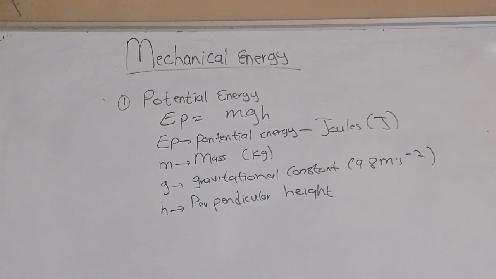So you are already given the g. In that formula, you can be asked to calculate EP or mass or the h, but you won't be asked to calculate the g because you are already given it. It's a gravitational constant of 9.8 meters per second squared. So all the time, make sure that you know it by heart.